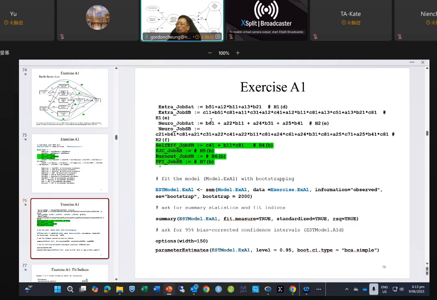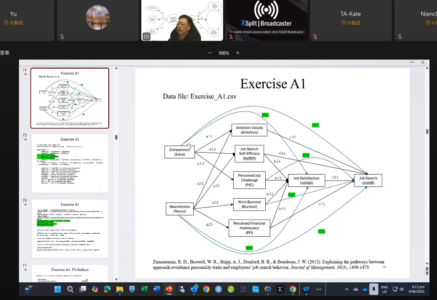Then we try to define the indirect effect. From extra to job satisfaction, how many paths do we have? We can have the direct path B51. It doesn't go through ambition, but it goes through self-efficacy. So extra A12 times B11.